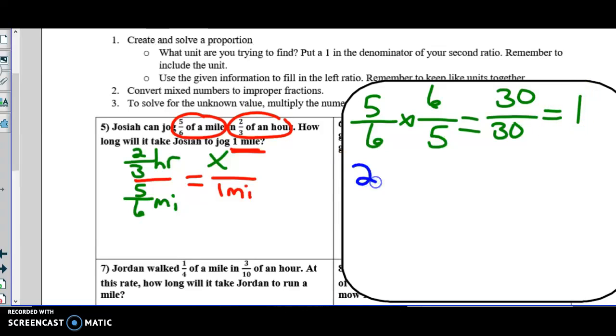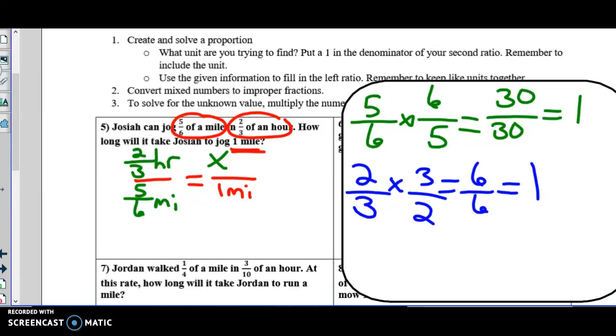And so that works in any case. Let's say I had 2/3. The reciprocal of 2/3 is just 3/2. When I multiply those two, 2 times 3 is 6. 3 times 2 is 6. This simplifies to give me 1. And so that's always going to be true. So if I multiply by the reciprocal, I'm going to get 1. And it makes my problem a little easier to work with.